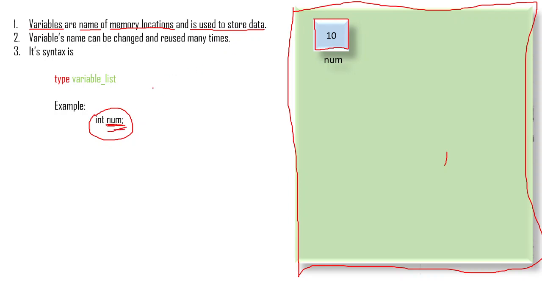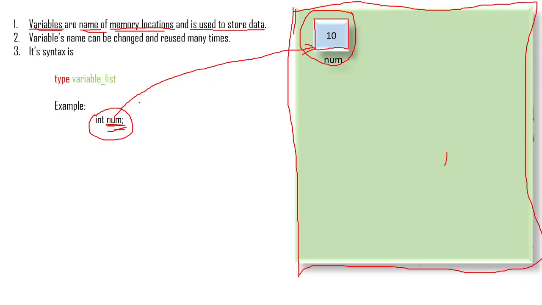That is why it is said that variables are the names of memory locations, because this particular memory is a location inside the memory that has been allocated to this process. So num is just a reference, a name given to this particular memory address, and it is used to store data.